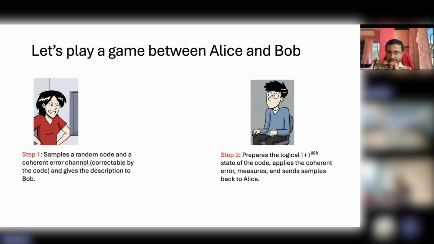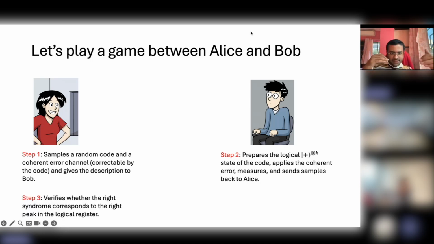Bob prepares the logical plus state of the code, applies the noise, and sends the samples back to Alice. And now Alice uses this peakedness to verify whether the right syndrome corresponds to the right peaks in the logicals.